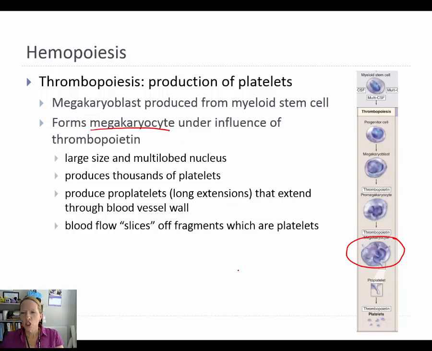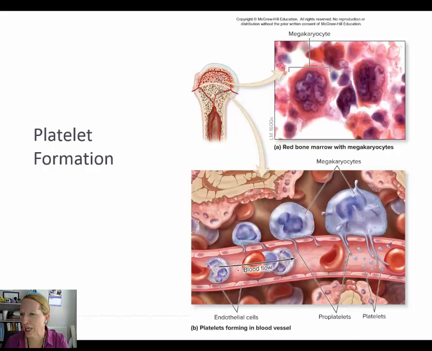It is going to be this huge, giant, massive cell. And what it's going to do is, let's look at this picture here. Look at these megakaryocytes. They're hanging out, sitting on top of the capillaries that are found inside of the bone marrow. And it's like their feet are getting sliced off.